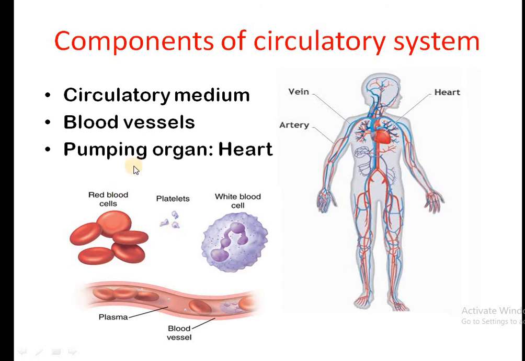Components of the circulatory system: circulating medium, that is blood, lymph and tissue fluids; blood vessels, we can say veins, arteries and the capillaries; and an important organ here is the pumping organ, that is the heart for the blood. And for the lymph, lymphatic vessels are there and lymph nodes are also present. They also play an important role in the defense mechanism.